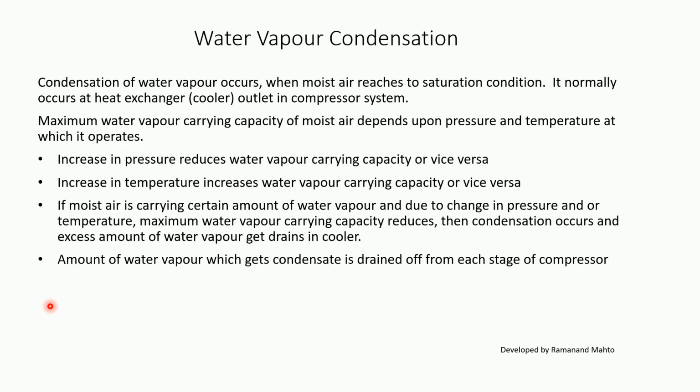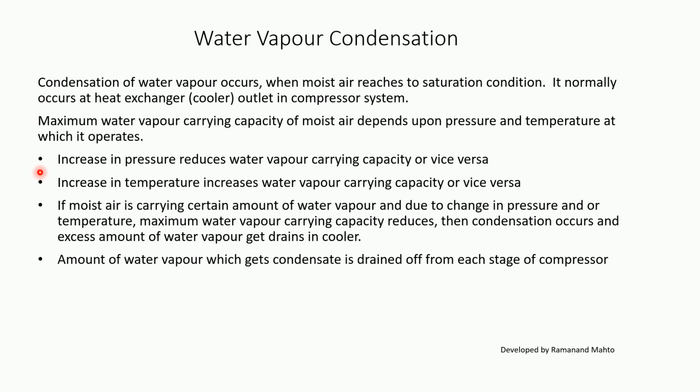The next topic is water vapor condensations. Condensation of water vapor occurs when moist air reaches the saturation condition, and it normally occurs at heat exchanger, air cooler outlet in compressor system. Maximum water vapor carrying capacity of moist air depends on pressure and temperature at which it operates.